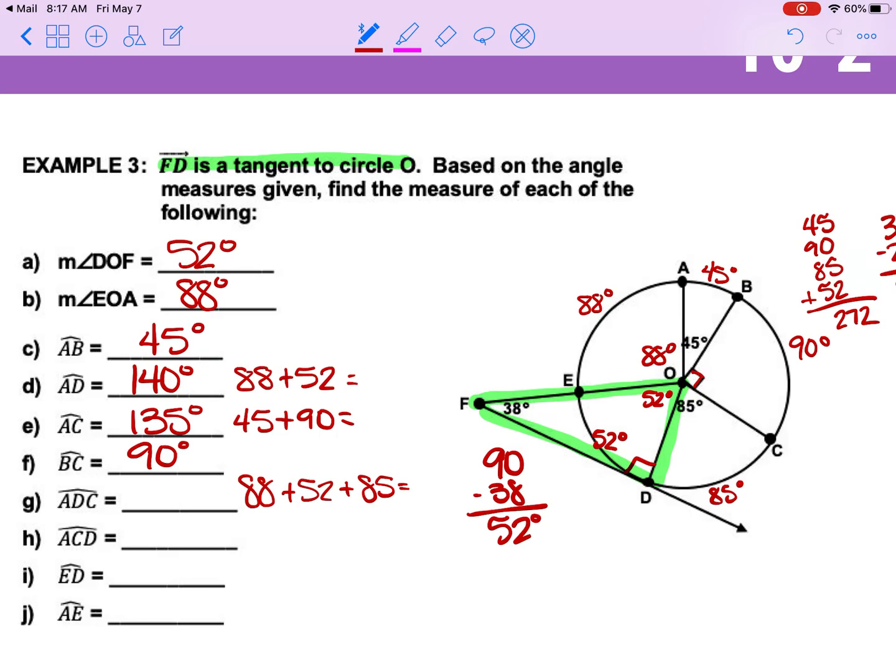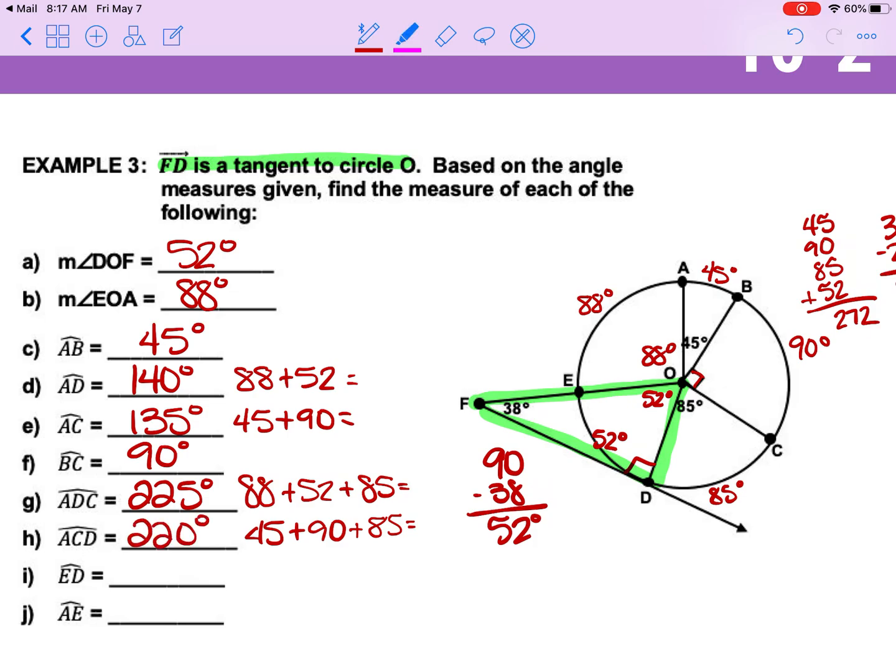If we add all that up, that gives us 225, which is greater than 180. Another major arc, A to C to D. Connect A to C to D. So we're going to add 45, 90, and 85, and if we add all that up, that gives us 220 degrees.